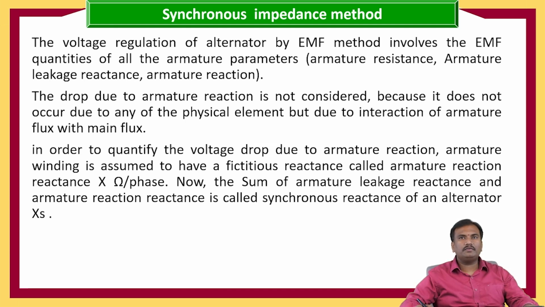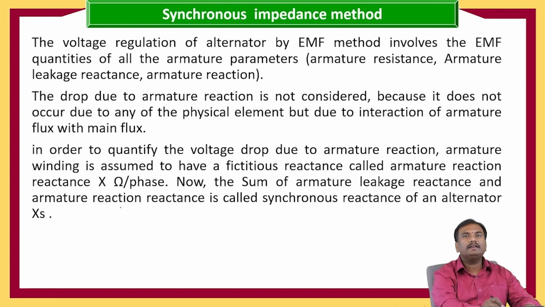In order to quantify the voltage drop due to armature reaction, the armature winding is assumed to have a fictitious reactance called armature reaction reactance, that is Xa ohms per phase. Now the sum of armature leakage reactance and armature reaction reactance is called the synchronous reactance of an alternator.